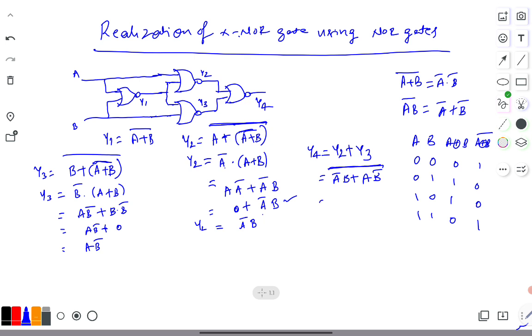Next apply De Morgan's theorem: A bar B plus A B bar, whole bar, is equal to the bar of (A bar B) dot the bar of (A B bar).